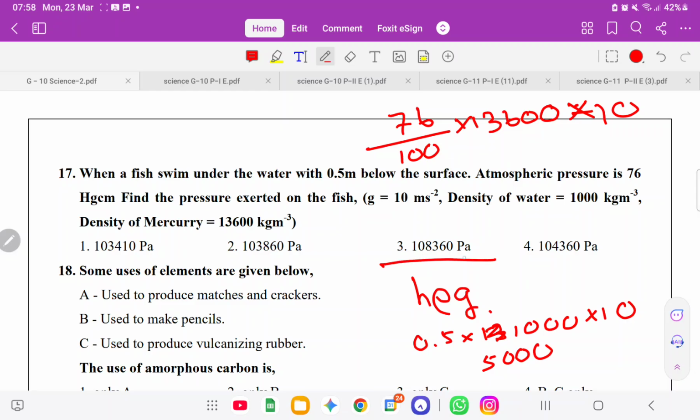I think for the third one, that calculation you need to do 0.76. Wait.